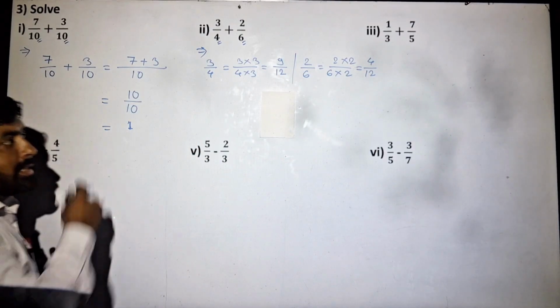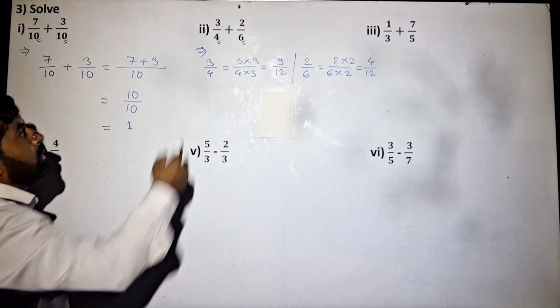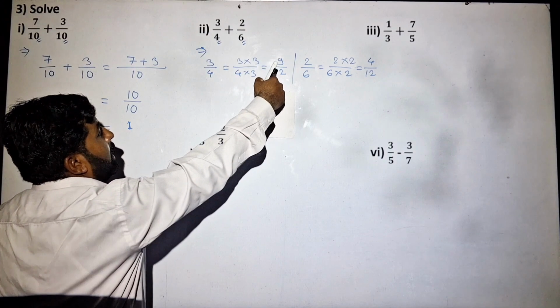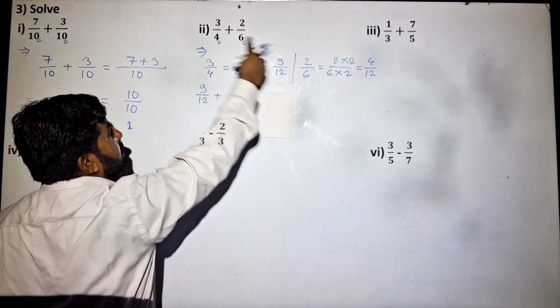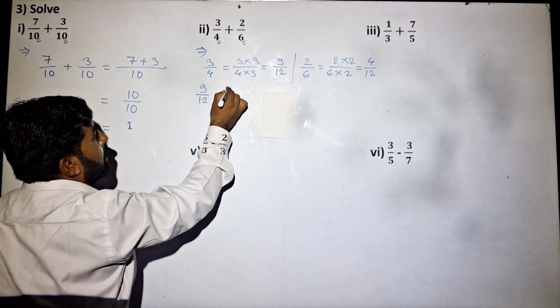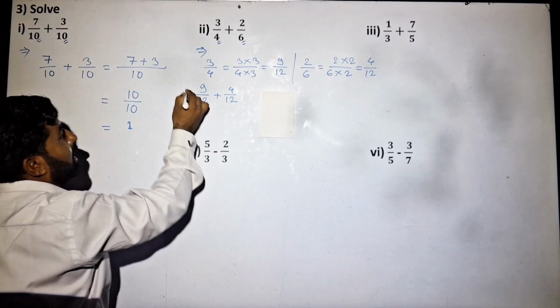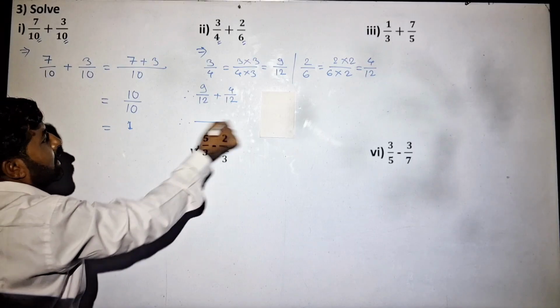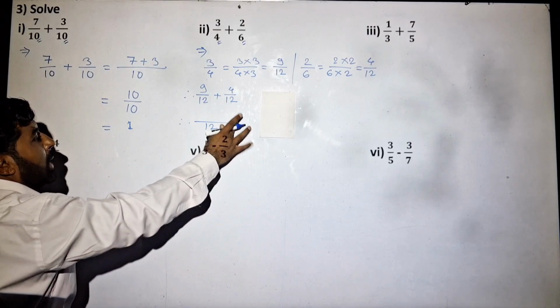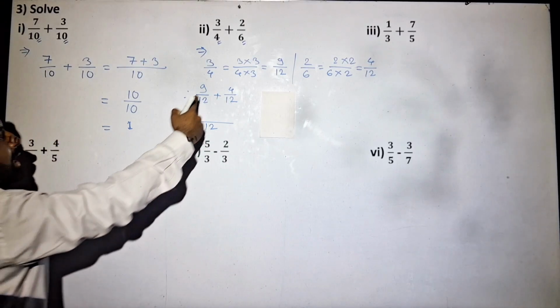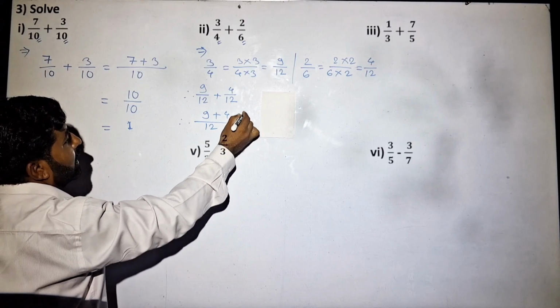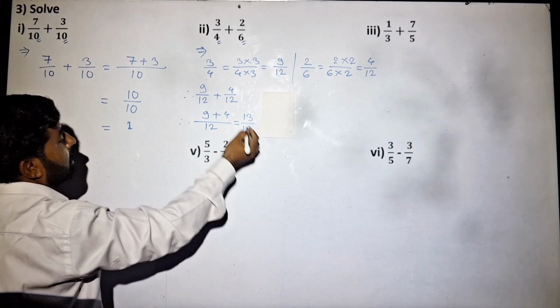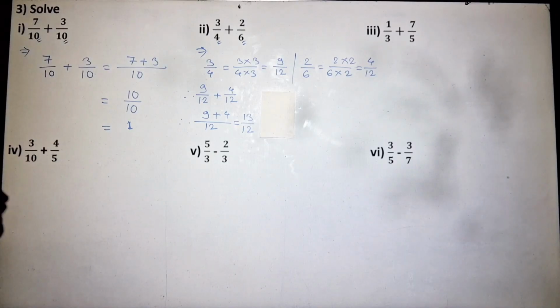So adding this, 3 by 4 means 9 by 12, and 2 by 6 means 4 by 12. They are equivalent. Therefore, denominator 12 is the same, and if we add 9 plus 4, we get the answer 13 by 12.